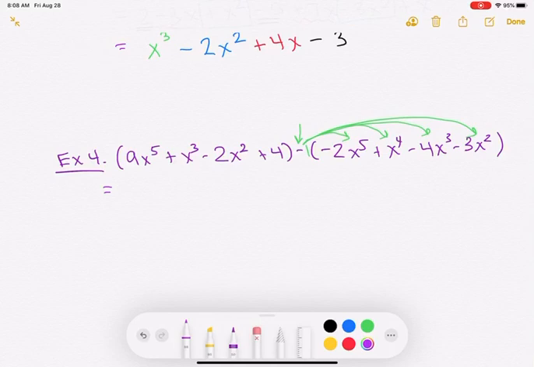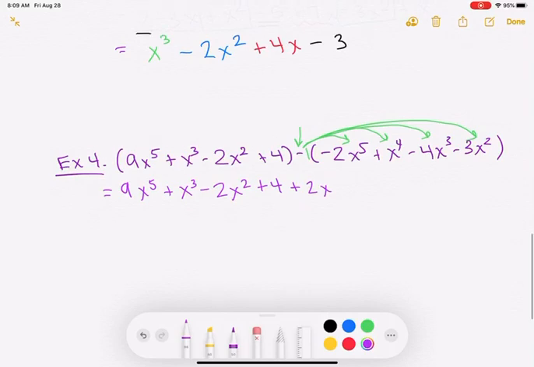So if we go ahead and rewrite this, we get 9x to the 5th plus that x cubed minus 2x squared plus 4. Now here's where the work comes in. Okay, so that negative sign applied to the negative 2x to the 5th is going to be a positive. Negative times negative is a positive 2x to the 5th.